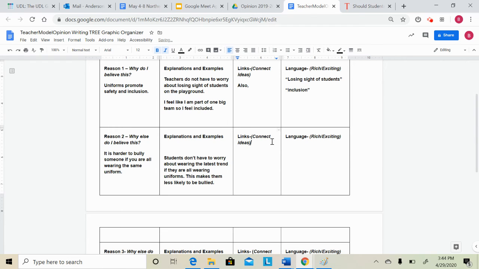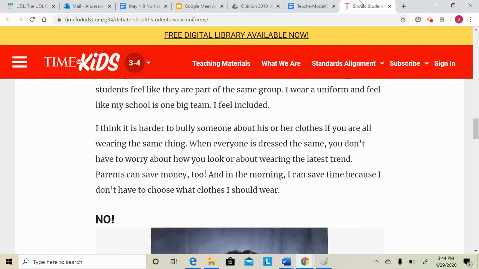Okay, let's look at some connecting links between her ideas. So I see that she writes, "When everyone is dressed the same, you don't have to worry about how you look or about wearing the latest trend. Parents can save money too." I think "too" is a connecting word in here. It's connecting her thoughts together.